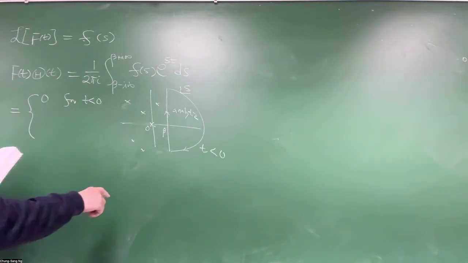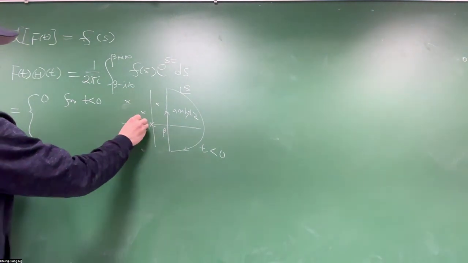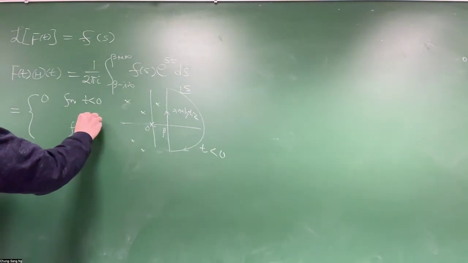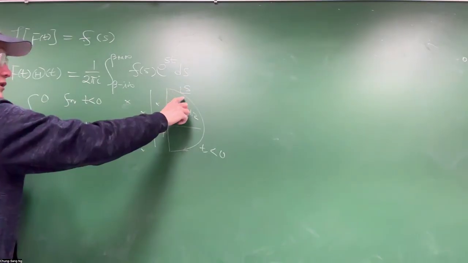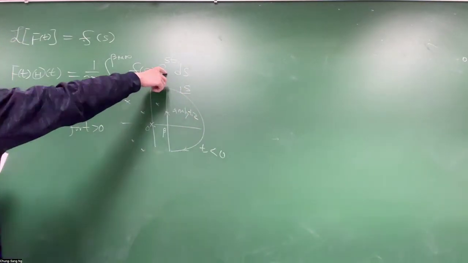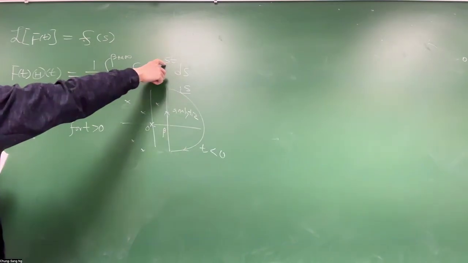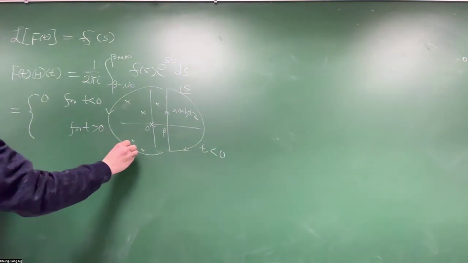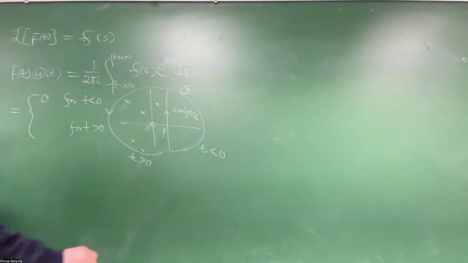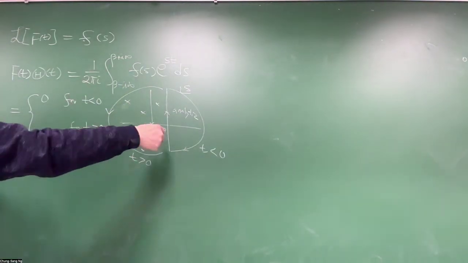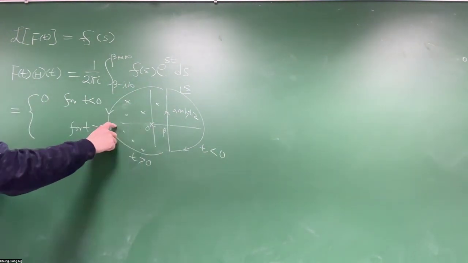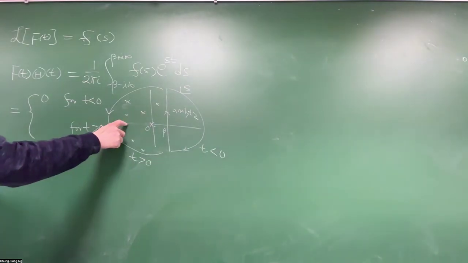And now the other way around, for positive t. Obviously now you close it the other way around, because by the Jordan lemma, t is now positive, so you want to close it with negative real part of s. The integral along this infinite curve is 0, assuming that it can enclose all the singularities, and assuming there's no branch point, so you don't need to cut the branch cut.